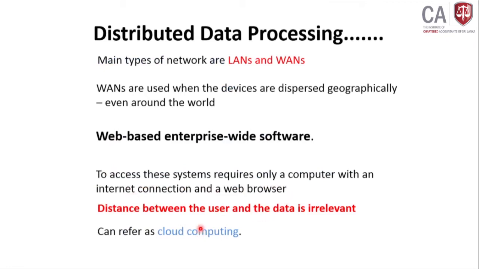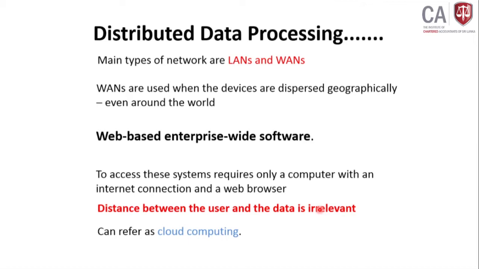So in the question paper, if they ask about a computer system that needs only an internet connection and web browser to access, such systems are called what? Web-based enterprise wide software. They may give some other answers as well.